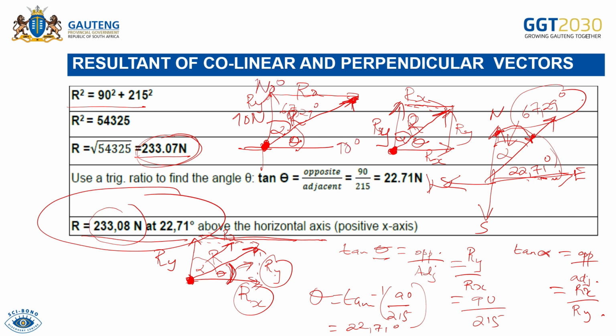But from north to this force, what is the angle? It is 67.29. Hence, we will say at a bearing of 67.29 degrees.